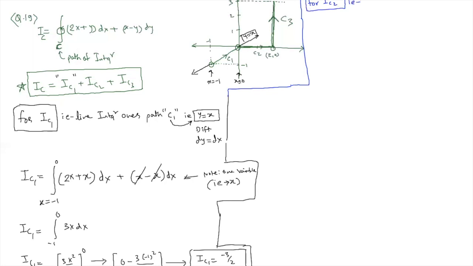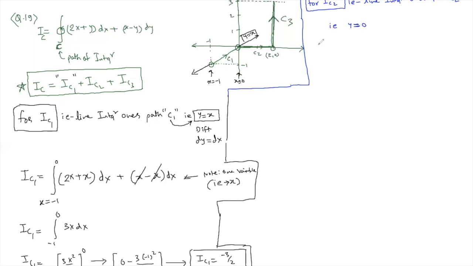IC2, line integral over path C2. Is it y equals x or is it y equals 0?